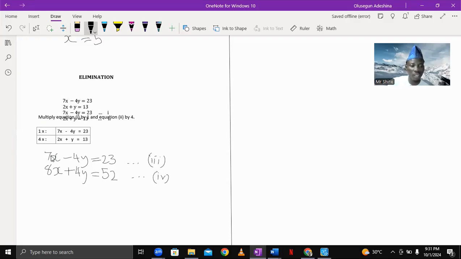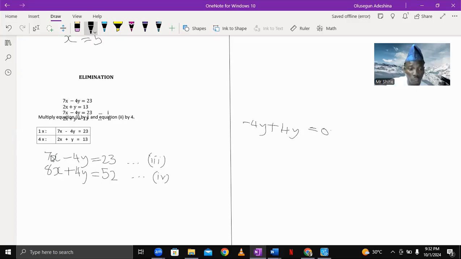So now let's look at equation 3. The coefficient of y is minus 4, and in equation 4, the coefficient of y is plus 4. Now how do we eliminate y? If we add up minus 4 and plus 4, minus 4 plus 4 should be equal to 0. Yes. So that means we have been able to get rid of y by simply adding both terms.